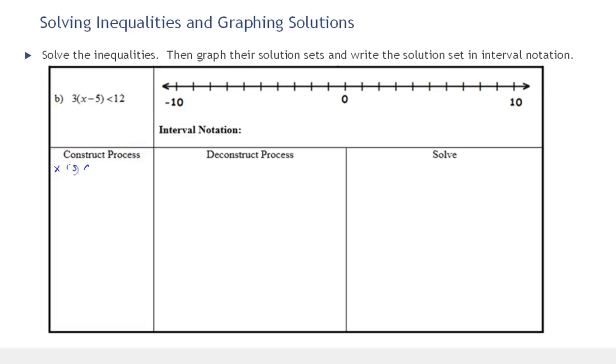X is decreased by 5. Now the decreasing is a difference, so the difference is multiplied by 3.